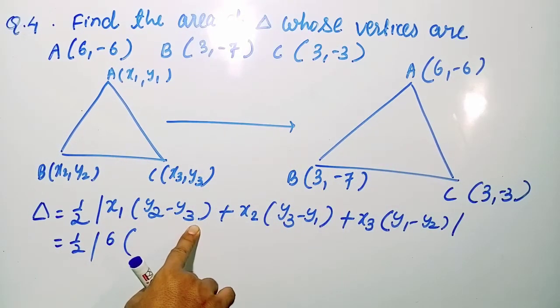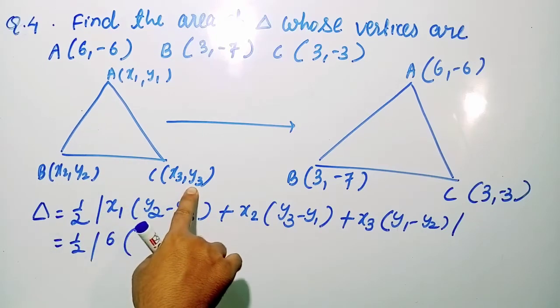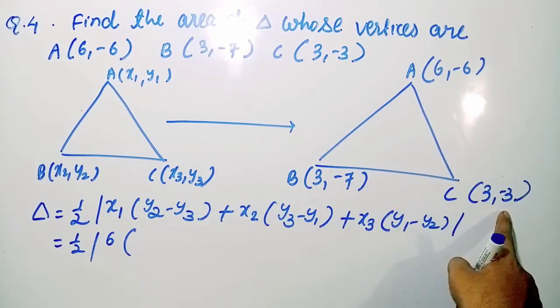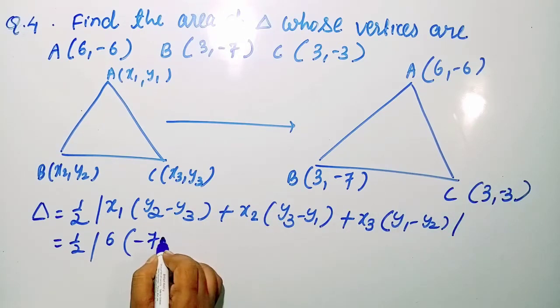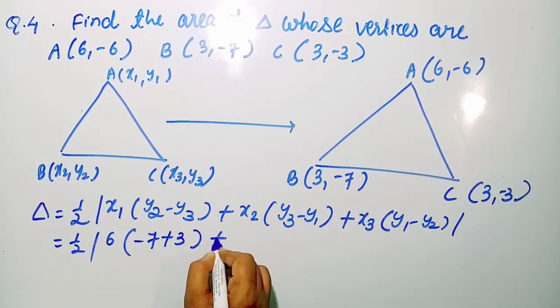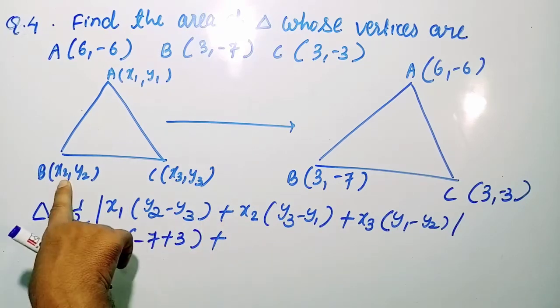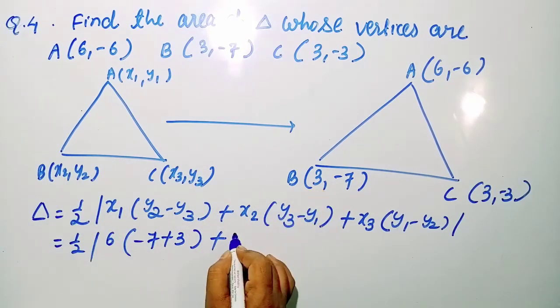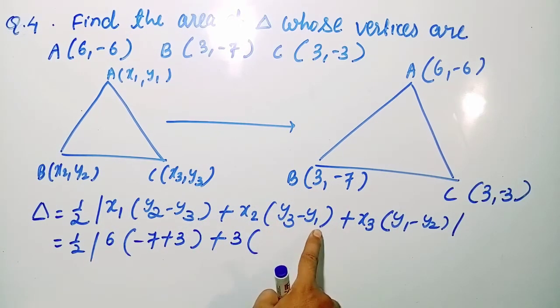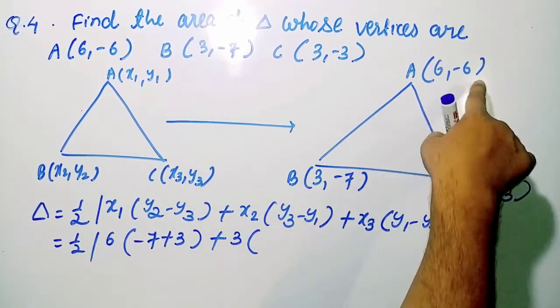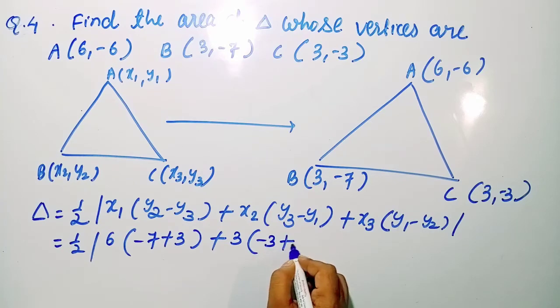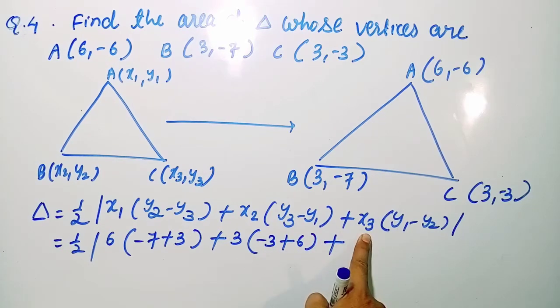Okay students, now putting the values, x1 is 6. So y2 minus y3, so minus 7 and minus 3. So minus 7 there will be plus 3, because as per the formula minus minus plus. x2 is 3, and y3 minus y1, what is y3, minus 3, and y1 is minus 6. So minus 3, so minus 6 will be plus 6, plus x3.